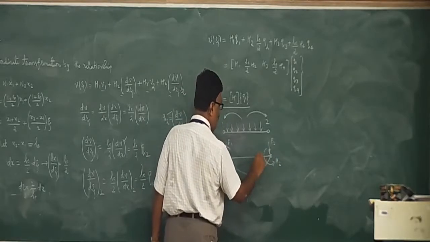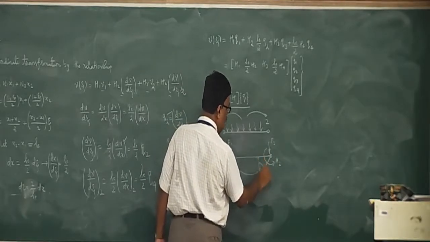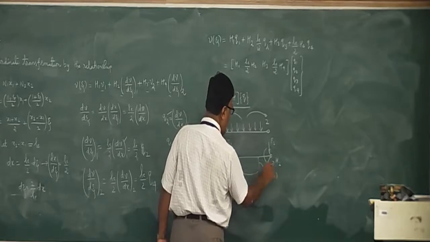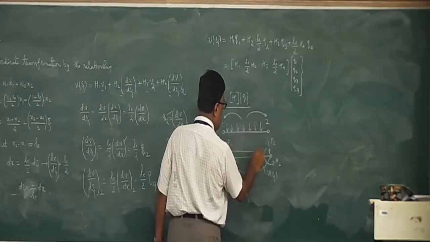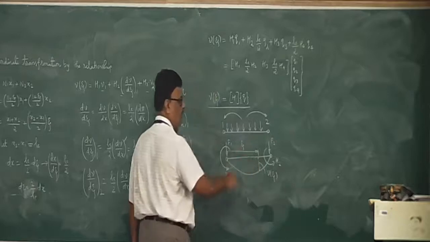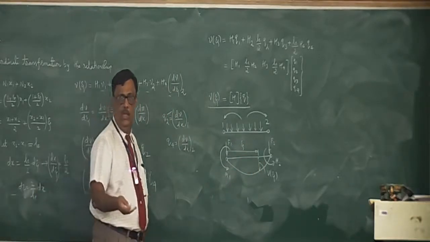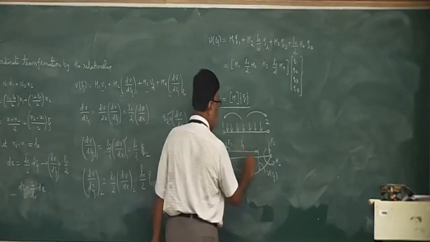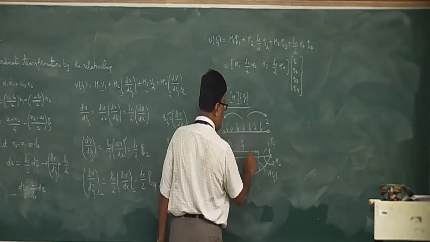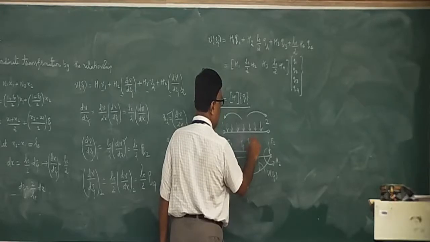So if you want to find out any deflection, which we call V of zeta, one has to definitely tell the value of zeta. Where exactly do you want to find out the deflection? Suppose you are asked to find out the deflection at the midpoint of the element, then the particular value of zeta is obviously 0.